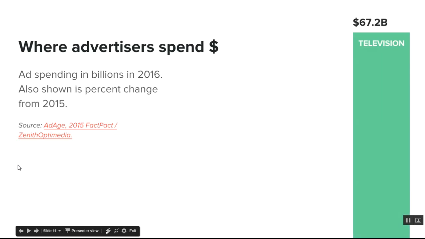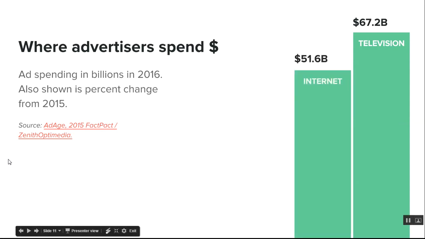Let's take a minute to see where advertisers actually spend most of their ad dollars. This will give us an idea which media types are used the most by advertisers. You might get the impression that it's the internet, or you might think newspapers are dead, right? Well, the biggest amount of money is actually spent on television, and that's probably not a big surprise. The next biggest amount of money is spent on the internet.